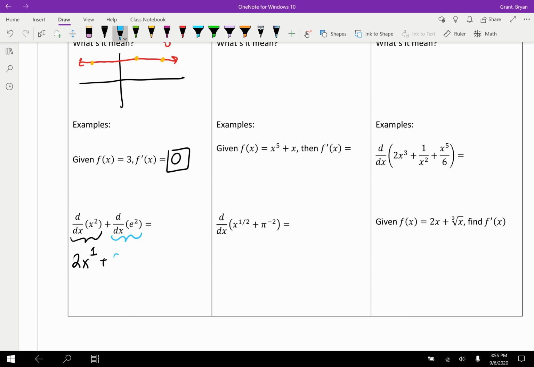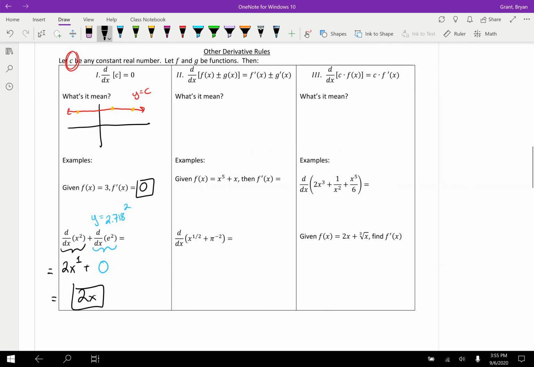Well, you might think this would be 2e to the first based on the x, but you'd actually be wrong, because e squared is a constant, right? e is 2.71828 whatever to the second power. That is a constant. If you were to graph this, it would be that horizontal line again. And so if you're a constant, you do not use this power rule that we did over here. A constant always has a derivative of 0. Which means then that our final answer here is just 2x.